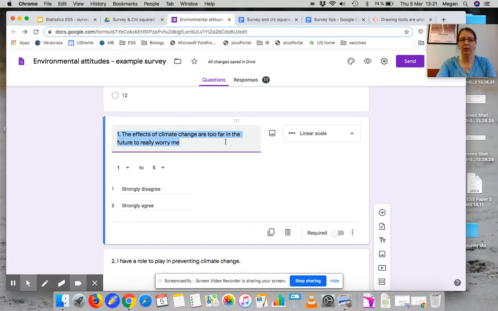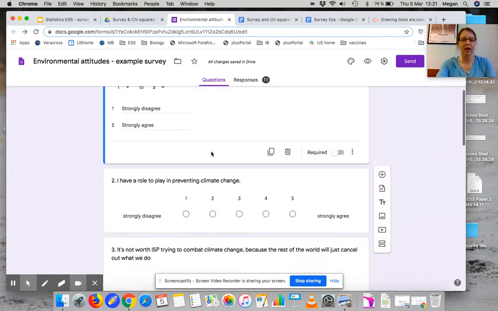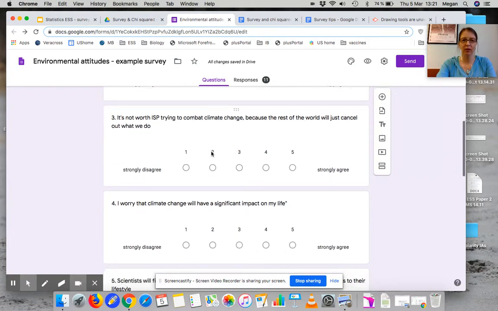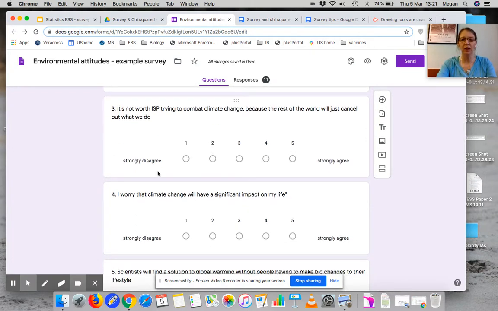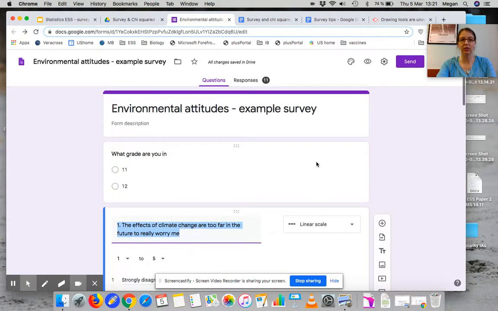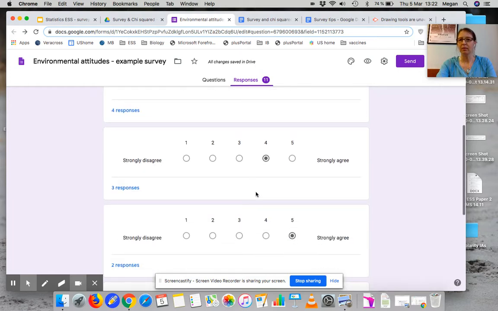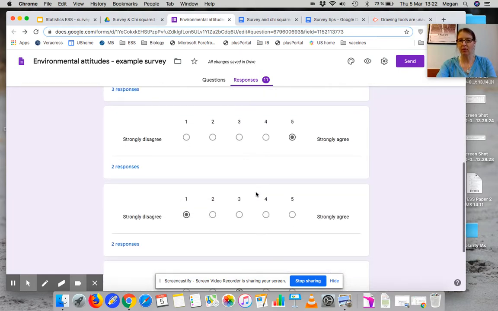The effects of climate change are too far in the future to worry me. I have a role to play in preventing climate change. It's not worth trying to combat climate change. For each of these, I'm asking the students to say they strongly disagree, strongly agree, or something in between. They would fill out this scale, and eventually we'll get responses that we can analyze. We can quantify the results.